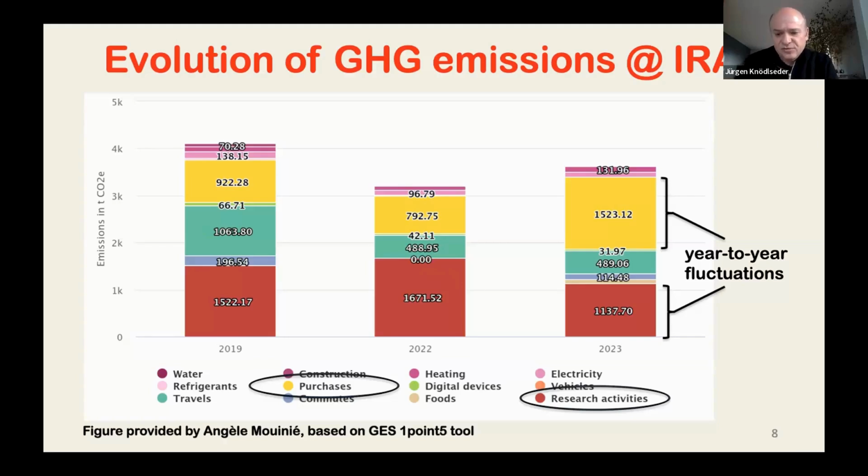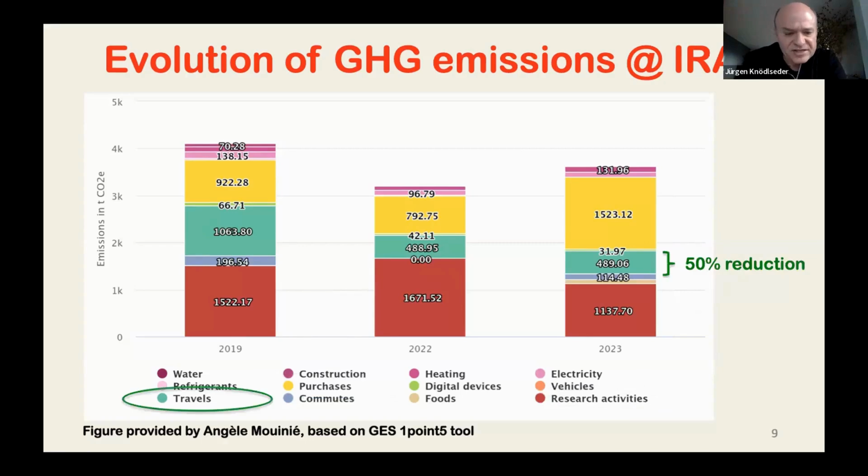And the same is true for what is called here research activities. That's the use of observatory data. It's obvious that this fluctuates a lot because here the attribution depends on the number of publications done by researchers in the lab. And since this is also fluctuating, it's very difficult to get something, really in terms of trend, out of this. So this is maybe not so much the interesting part.